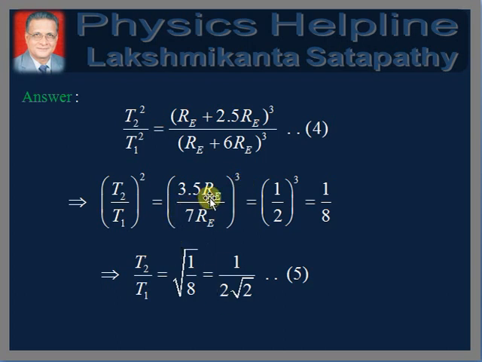Now, RE and RE get cancelled. 3.5 divided by 7 will give us 1 by 2. So, we get T2 by T1 whole square is equal to 1 by 2 whole cubed, which is equal to 1 by 8. Therefore, taking square root, we get T2 by T1 is equal to root over 1 by 8, which is equal to 1 by 2 root 2.